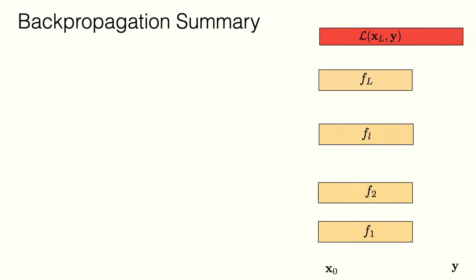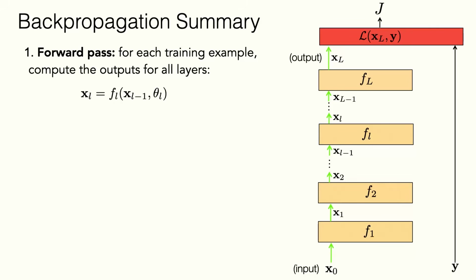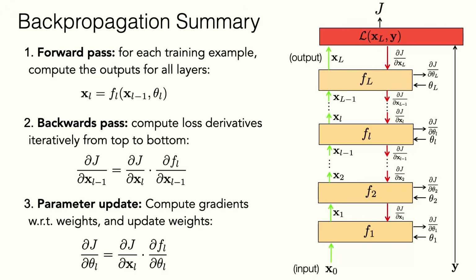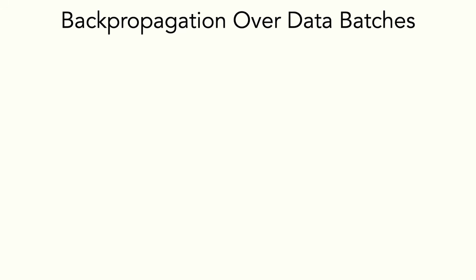Now, if we take a summary: in the forward pass, we compute the outputs for all the layers. In the backward pass, we compute the loss derivatives iteratively from top to bottom. And for the parameter updates, we compute the gradients with respect to the weights, and then we update all of those weights. Okay, so now what we actually do is we do this over batches. We're not doing this for a single data point at a time.